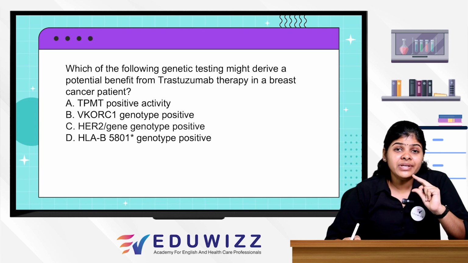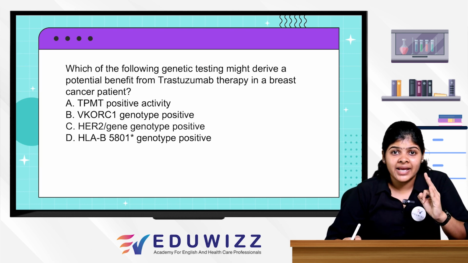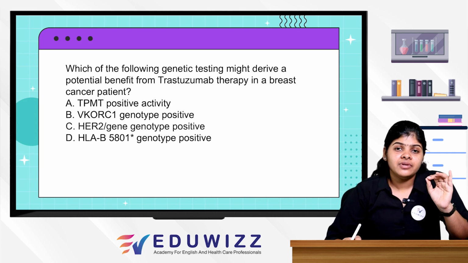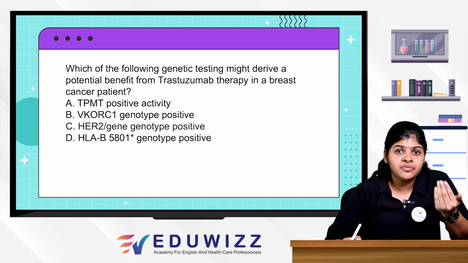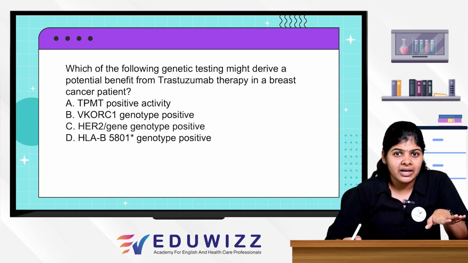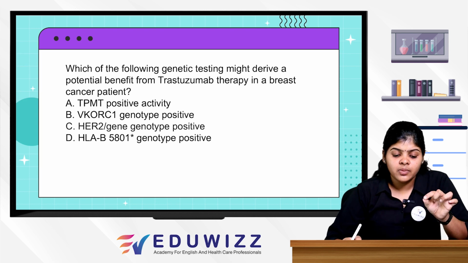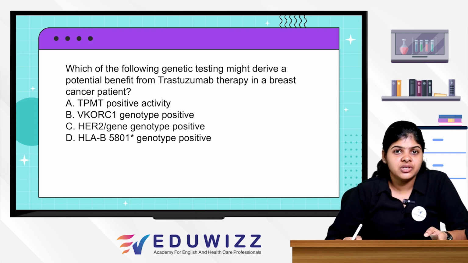HER2, ER, and PR are the most likely receptors present in breast cancer patients. If HER2 is positive for a particular patient, we need to give trastuzumab therapy, that is monoclonal antibody therapy. So we can select directly HER2 genotype positive.